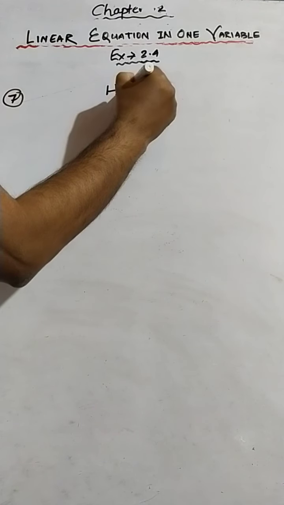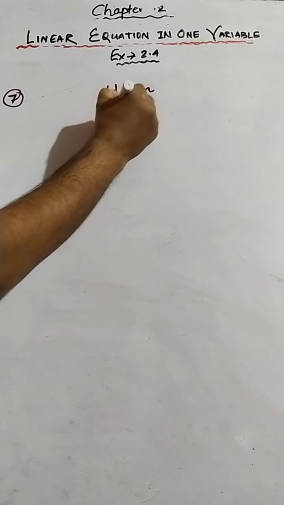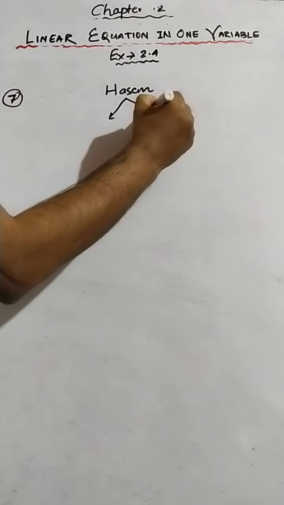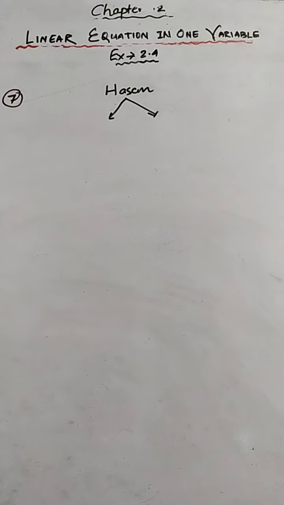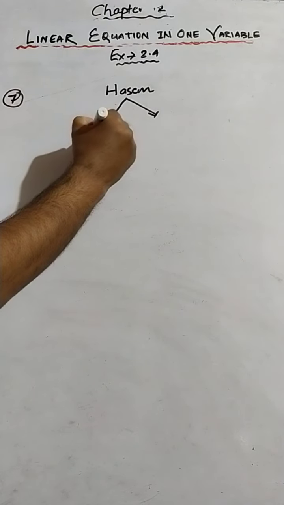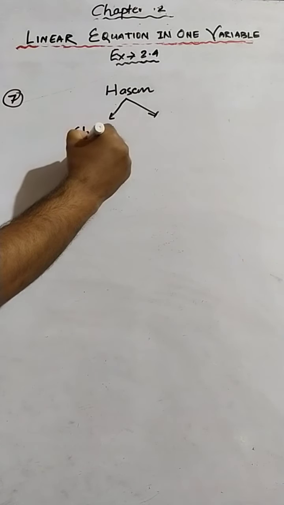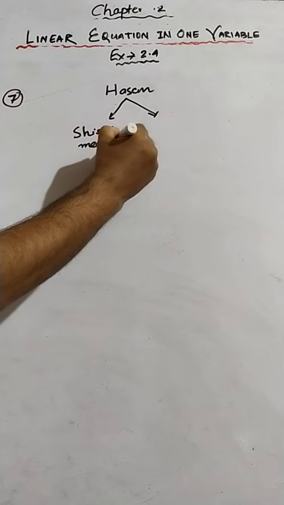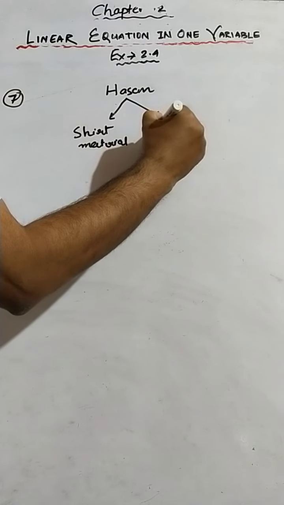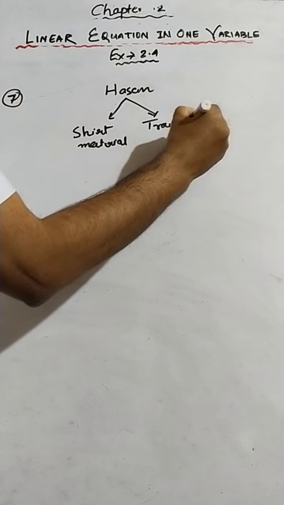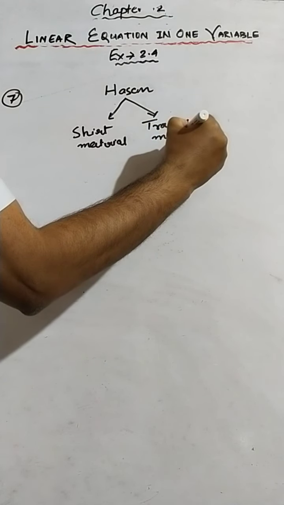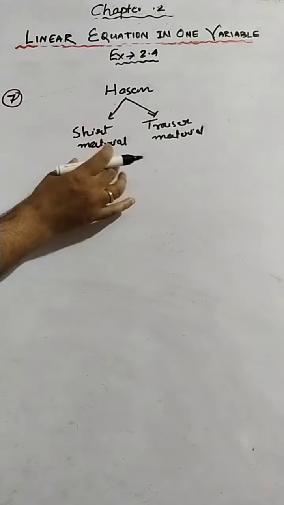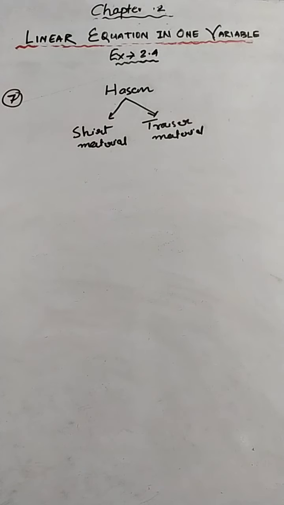We'll just make a small diagram. That is, Hassan has bought 2 types of materials for school uniform. That is shirt material, and trouser material. Fine. Now cost per meter is also given.